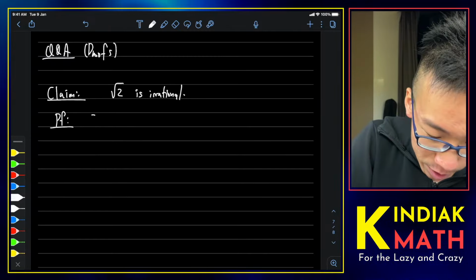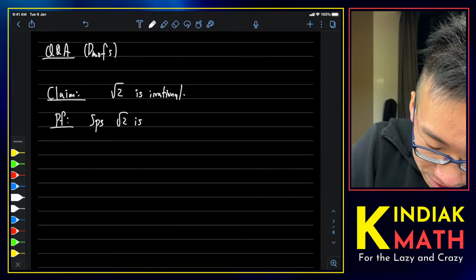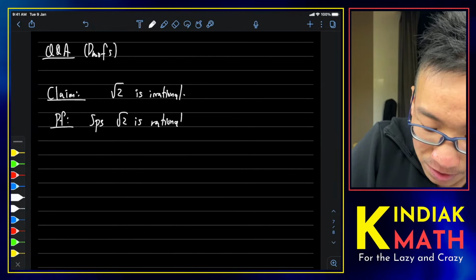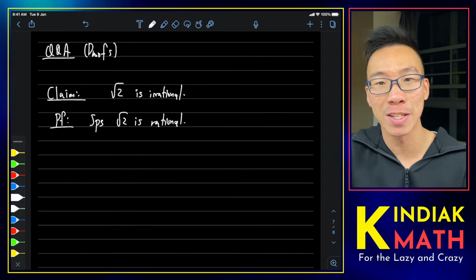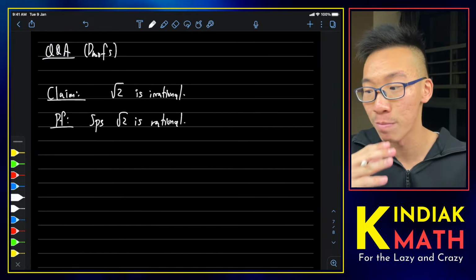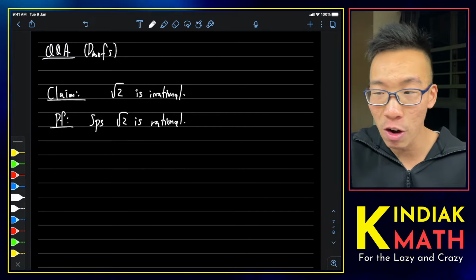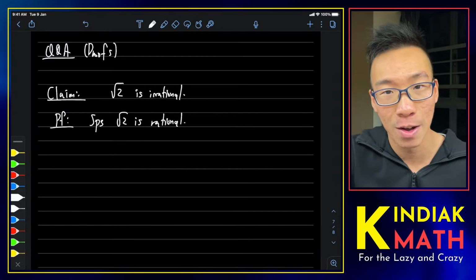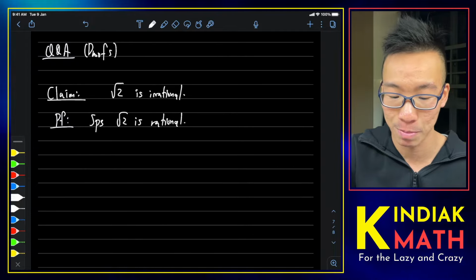However, if we suppose that root 2 is rational, now here is where the fun begins, because now we have tons and tons of results and properties involving rational numbers.